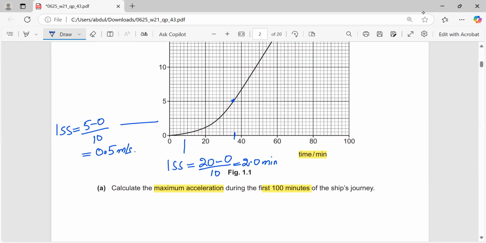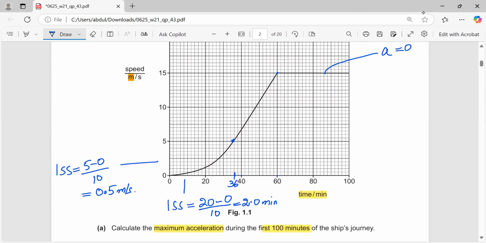Now, of course, this is 40, 38, so it means this is 36. And this one is 60. So this interval will give us the time.